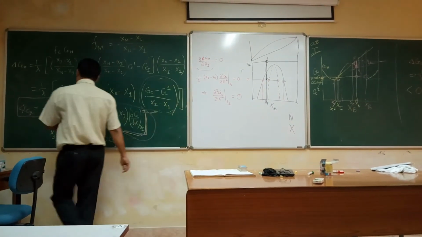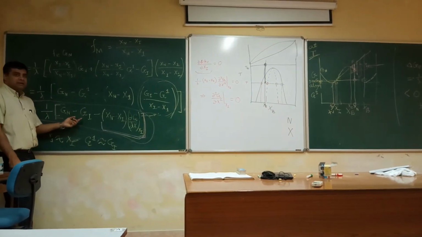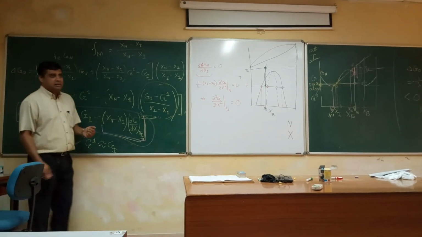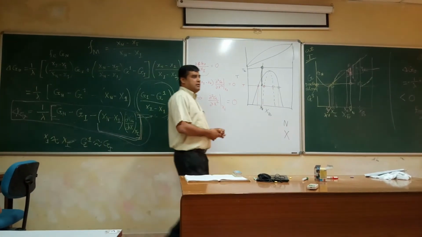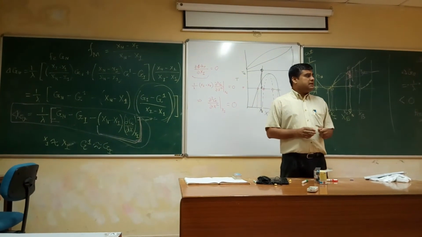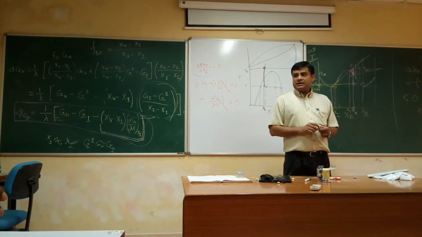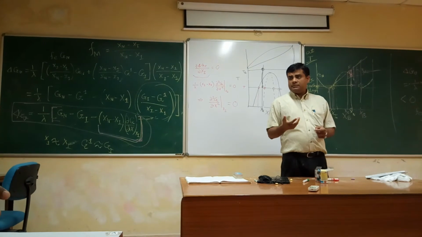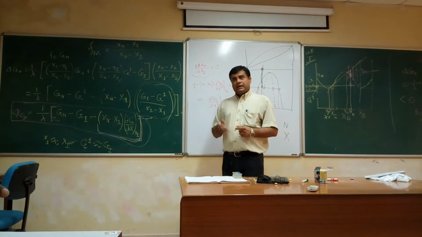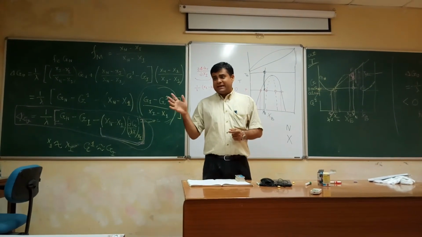And what is this equation? What are the things you have? This Gn, Gi, that is the Gibbs free energy. And the Gibbs free energy equation for a regular solution is given, from thermodynamics, by summation xi gi naught plus the mixing term RT summation xi ln xi plus omega xa xb.